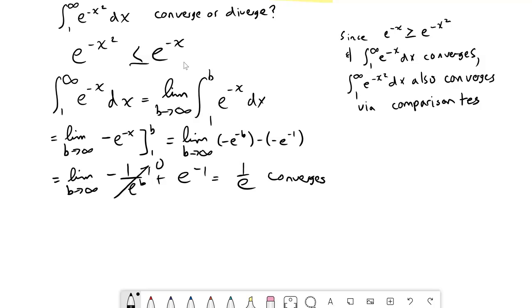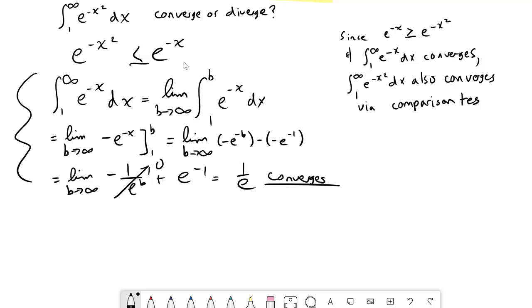So just a basic recap, I guess. We wanted to find if the integral of a function we don't even know the integral of converges or diverges. And the way we went through this is actually comparing it to something that's bigger for that interval, 1 to infinity. And I found e to the minus x. And in this case, I can actually find the integral of e to the minus x, and that's a very simple process, which I showed here.